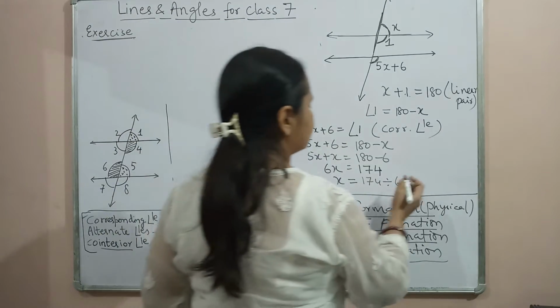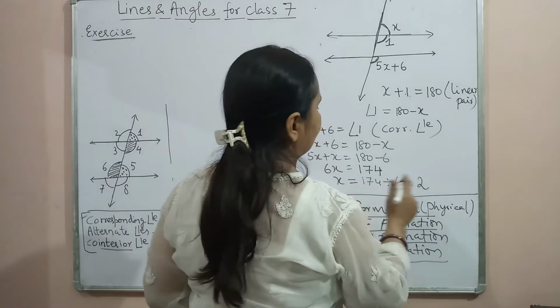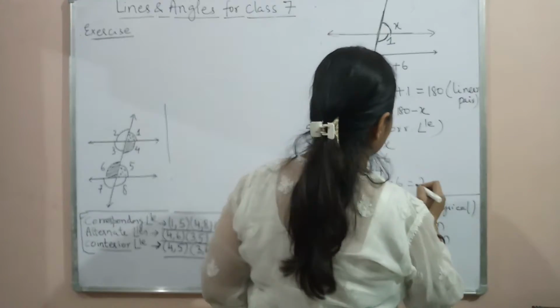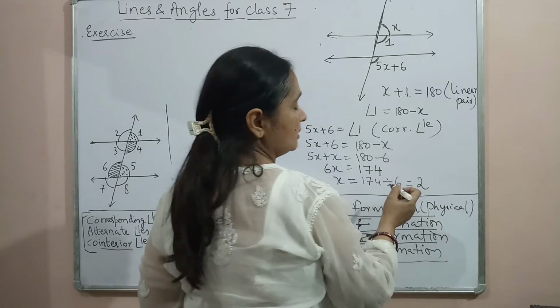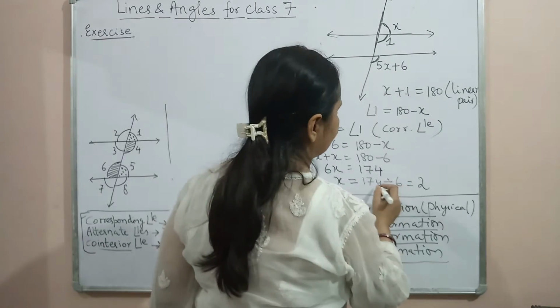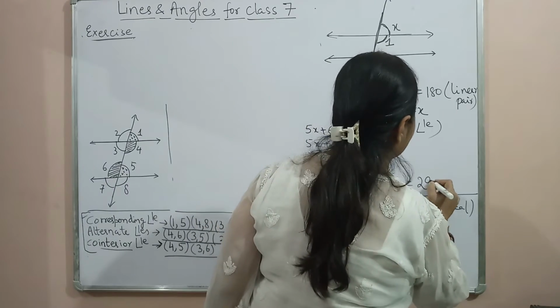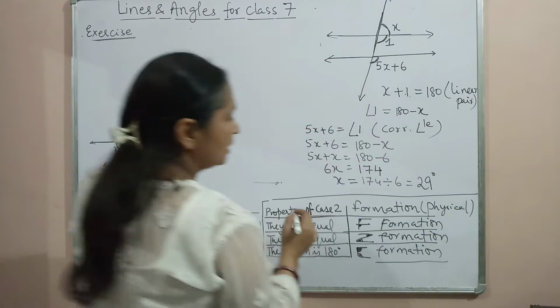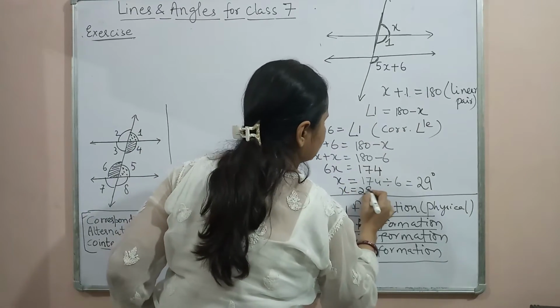So 6 2s are 12, 6 3s are 18, 6 4s are 24, 6 5s are 30... that gives 29 degrees. That means the value of x is 29 degrees.